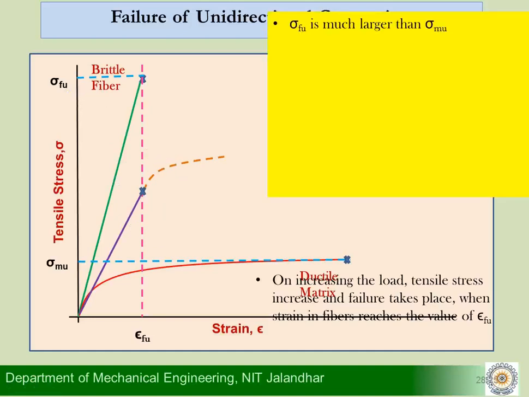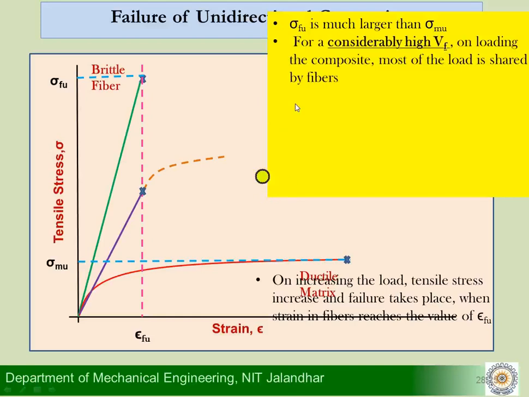We see that in almost all cases, sigma fu is much higher than sigma mu. That is, the fiber happens to be much stronger than the matrix material. So I define this for a considerably high volume fraction. I will come later to the meaning of considerably high. What happens on loading the composite material is that most of the load is shared by the fibers.